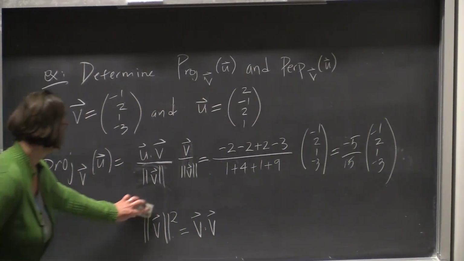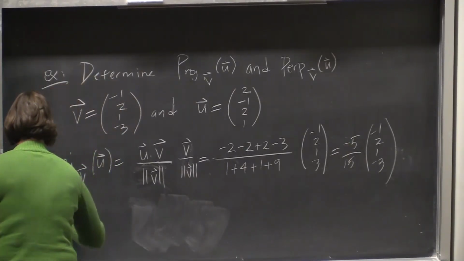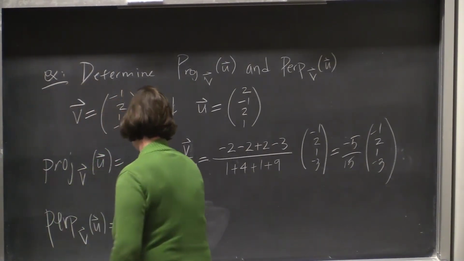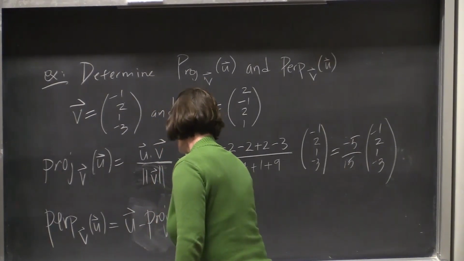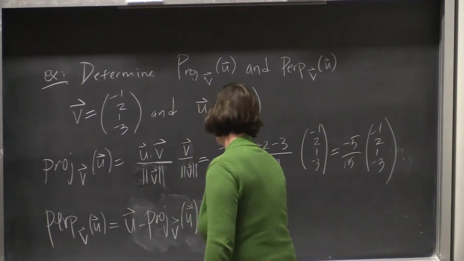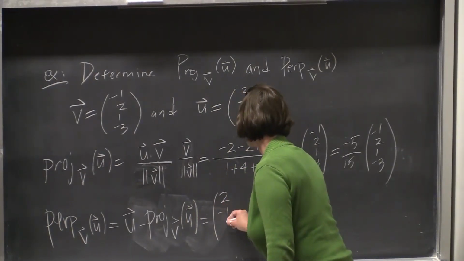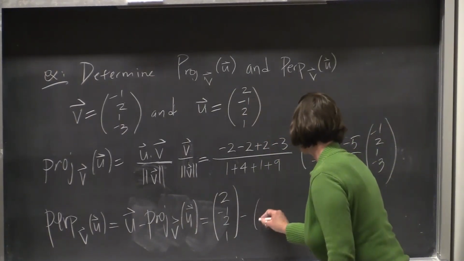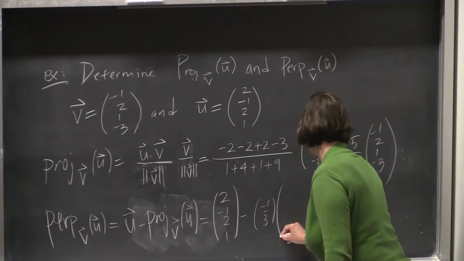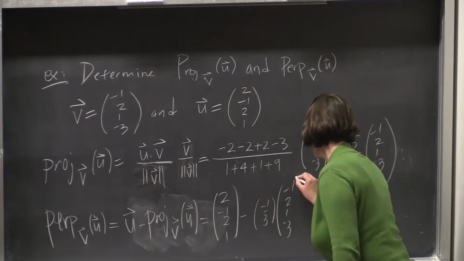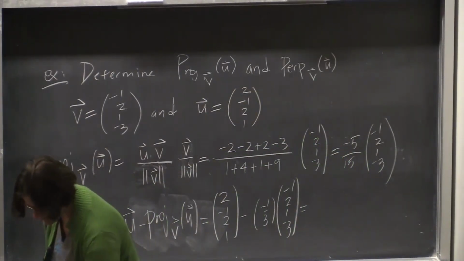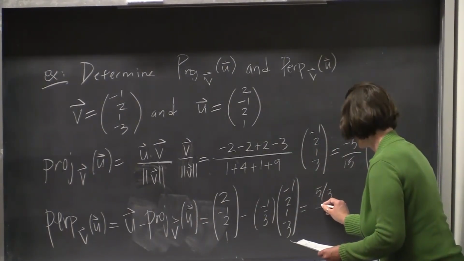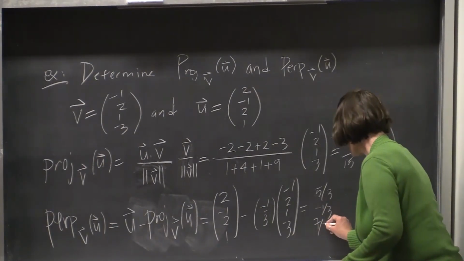And then the perpendicular part is simply U minus the projection, so that is 2, minus 1, 2, 1 minus 1/3 minus 1, 2, 1, minus 3, which, when you do it, gives you 5/3, minus 1/3, 7/3, 0.